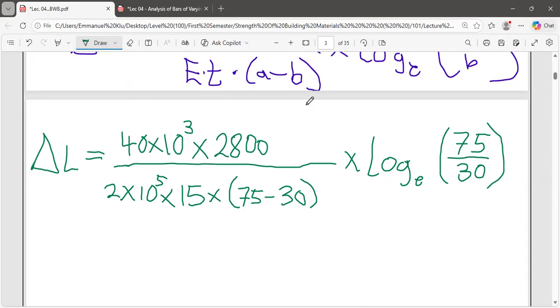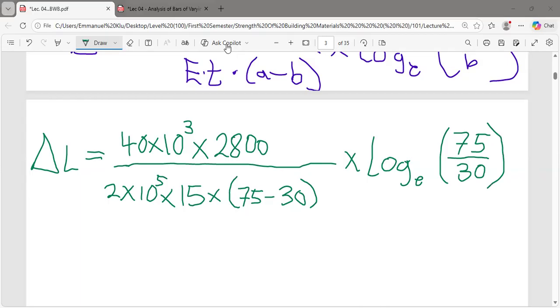Someone is already done. I can see someone's reaction in the comment section. Failure to add the appropriate unit to your answers will cause your answers to be wrong, so remember to do that. In a few minutes, I'm going to confirm the answer.